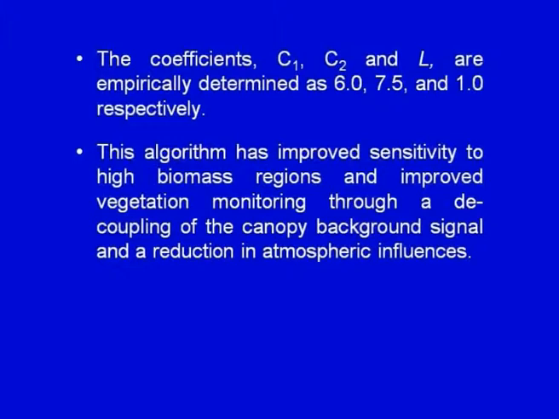This algorithm has improved sensitivity to high biomass regions and improved vegetation monitoring through a decoupling of the canopy background signal and a reduction in the atmospheric influences. Now, let us look at some of the other vegetation indices which have been developed for very specific studies.